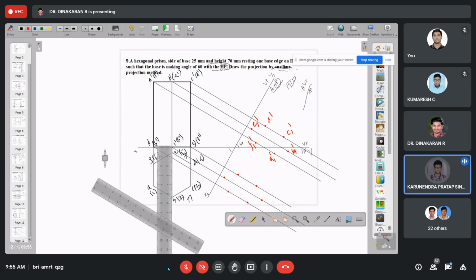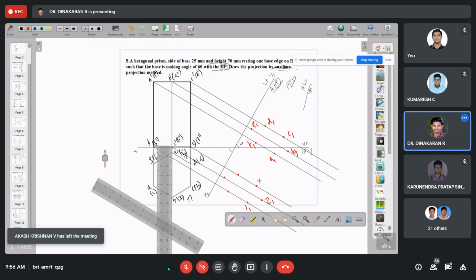A1, B1, yeah, no dash in the middle. I'm going to draw it properly: 1-2, 1-3, 1-4, 1-5, and 6-1.